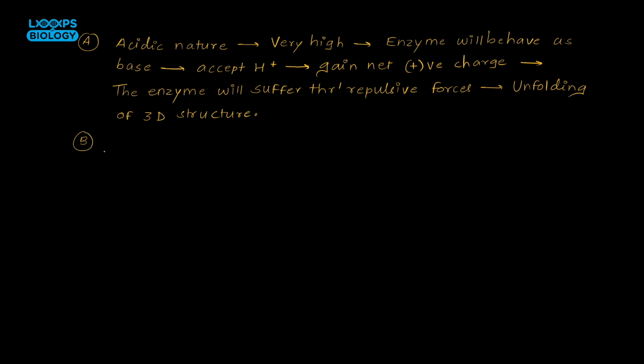In case of B, as we are gradually moving the pH from higher acidic to lower acidic, the acidic nature lowers down. Whenever acidic nature is lowering down, that means the net positive charge on the enzyme will decrease.